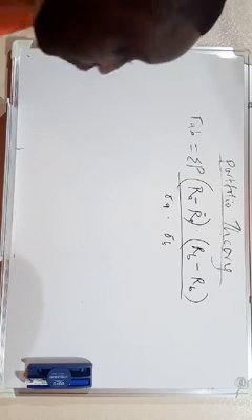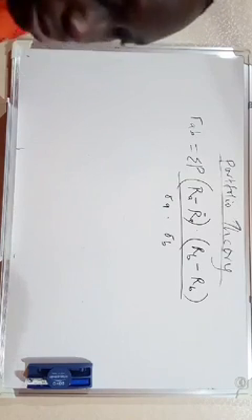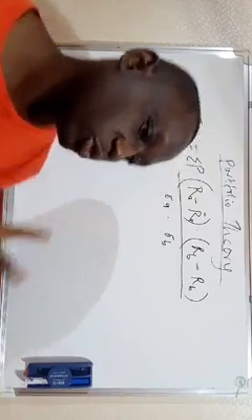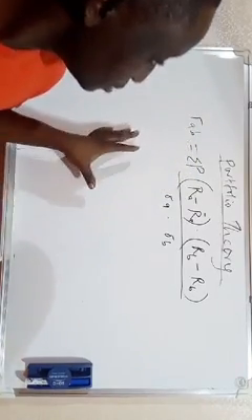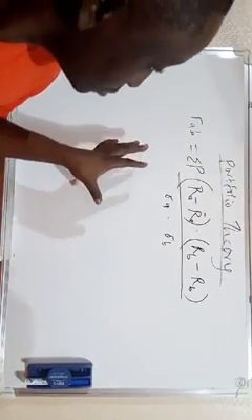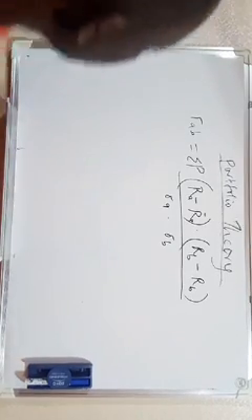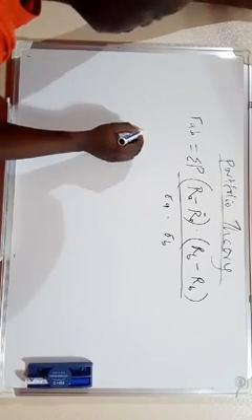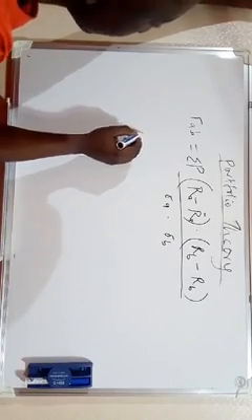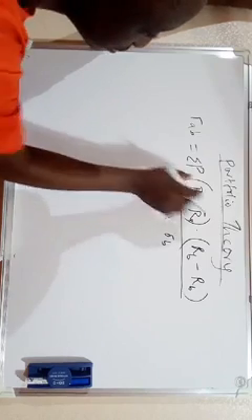So covariance is from the word covariance, the variance of security A and B together. And covariance is calculated as this.